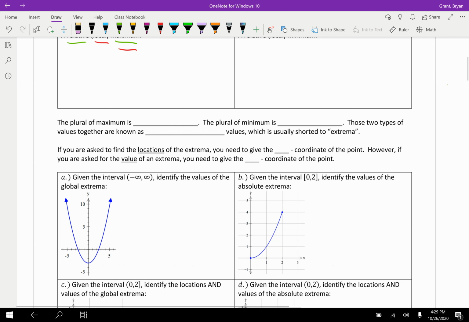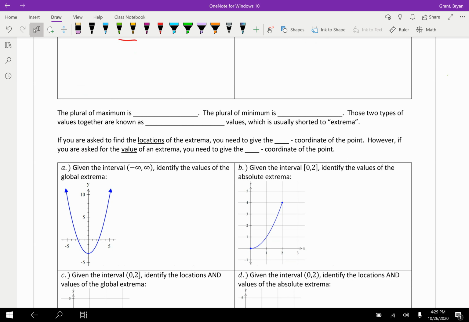Let's begin. The plural of maximum is strangely in math not maximums. It's actually maxima. So if someone says, find the maxima for the graph, it means there might be more than one maximum. And similar idea, the plural of minimum is minima. If we wanted to put these together, and instead of saying, please find the maxima and minima for this graph, these are actually known as extreme values.